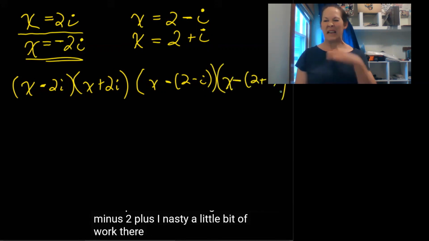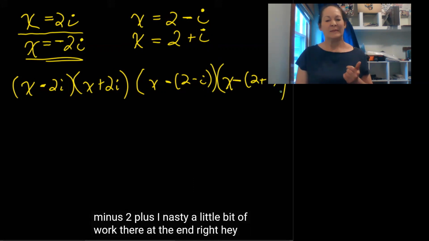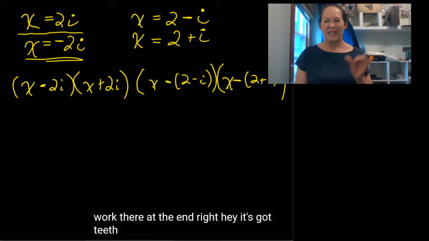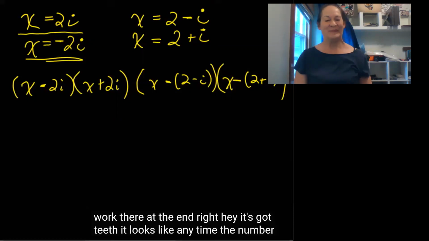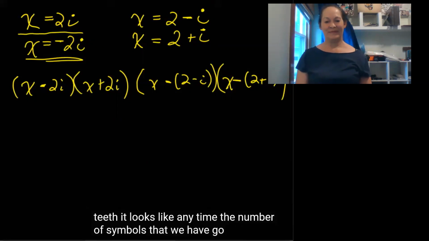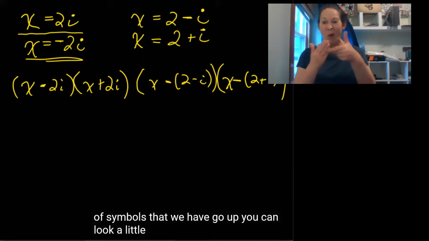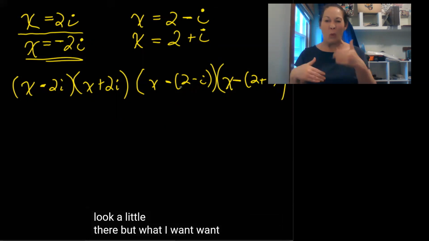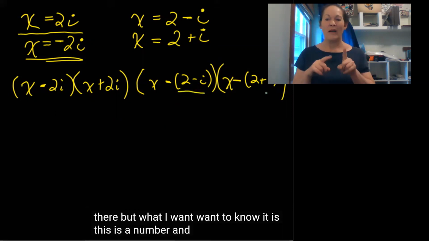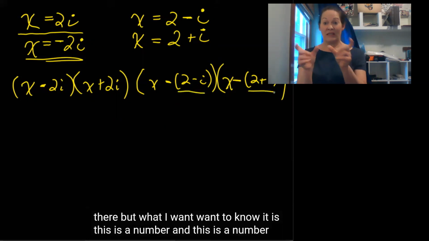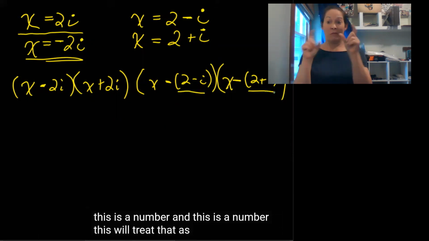Nasty little bit of work there at the end, right? It's got teeth. It looks like anytime the number of symbols that we have go up, it can look a little bad back there. But what I want to note is this is a number and this is a number. And so we'll treat that as a thing.